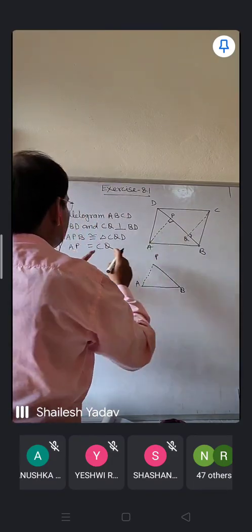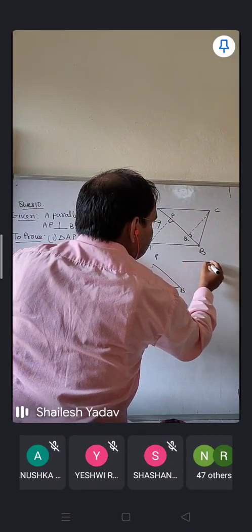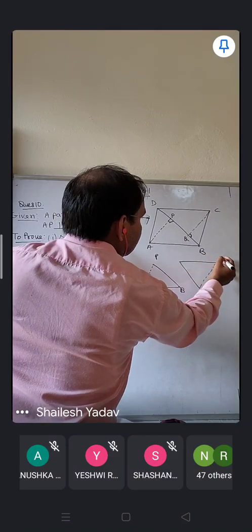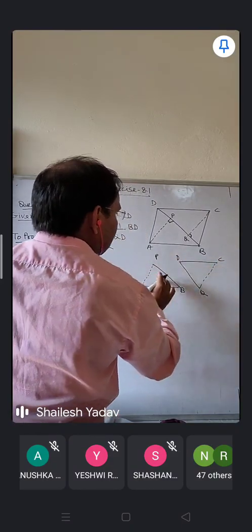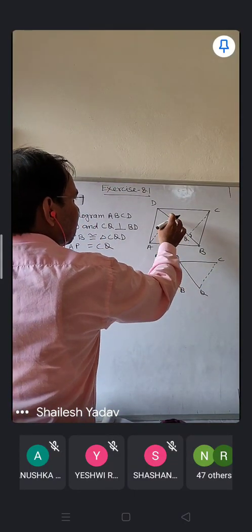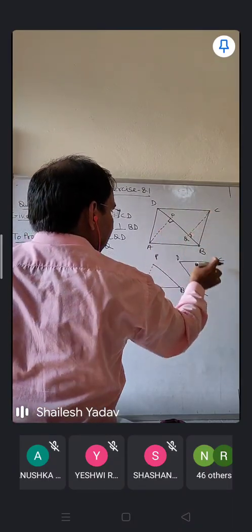And the second triangle is CQD. CQD is here. So if I am going to draw the second triangle, it is like that. It is CQD. So here I am going to draw both the triangles separately, so it will be easier to understand. So triangle APB, I have drawn it here, and triangle CQD, I have drawn it here.